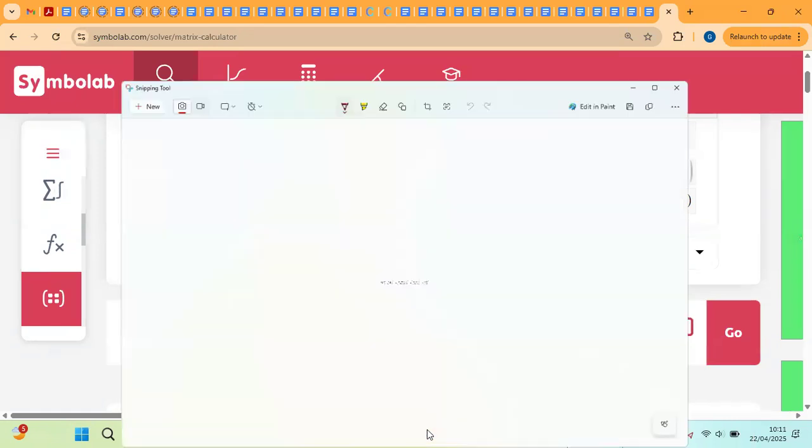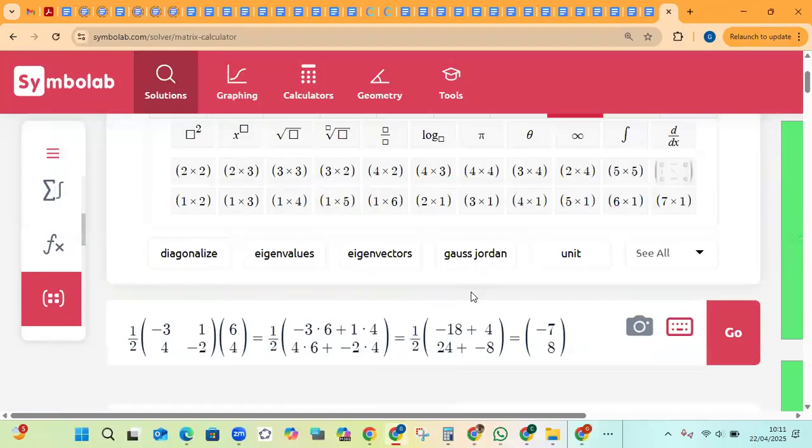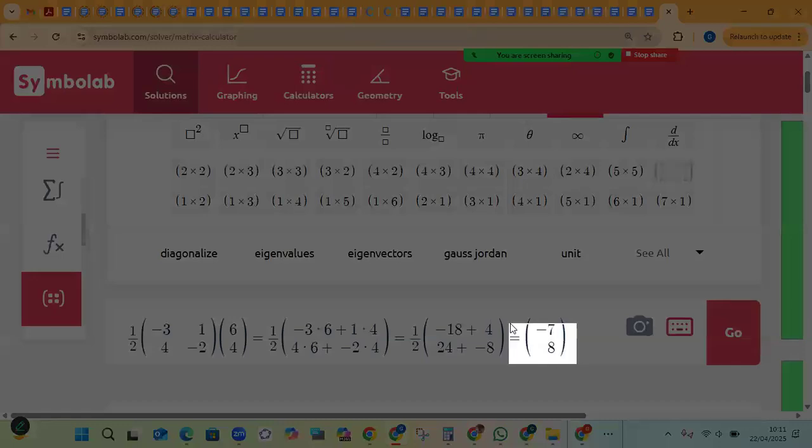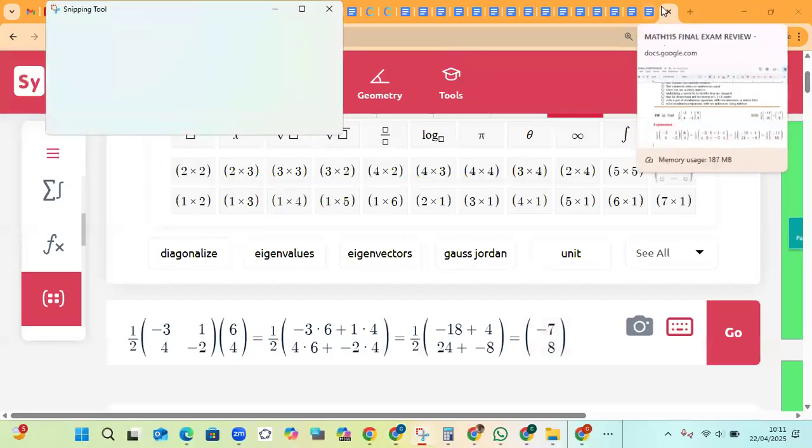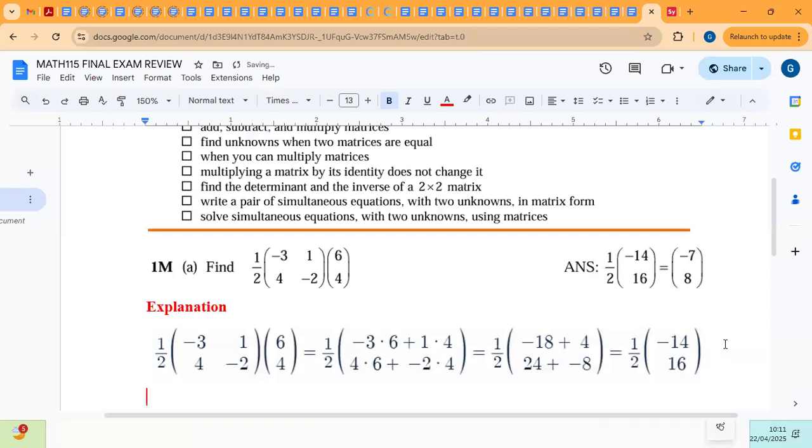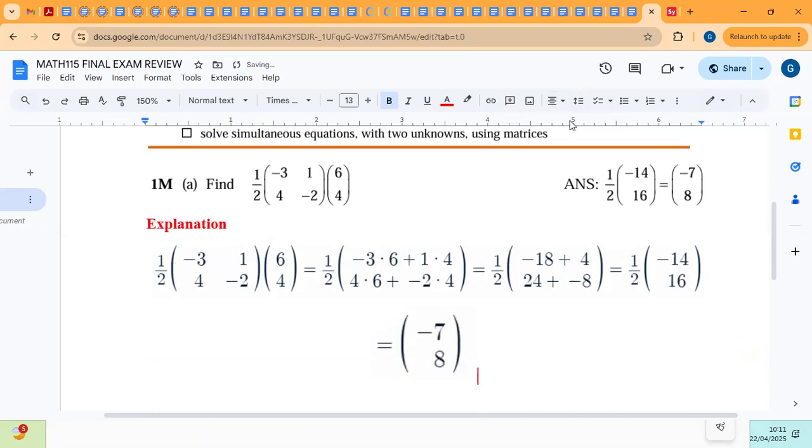Copy this, or screenshot this, and put it right there inside. So that's how the negative 7 and 8 are obtained. And I'm going to include it as the explanation, a YouTube link.